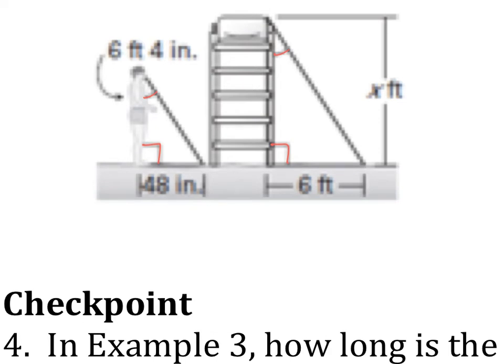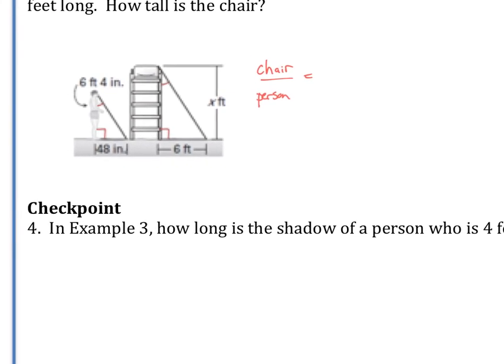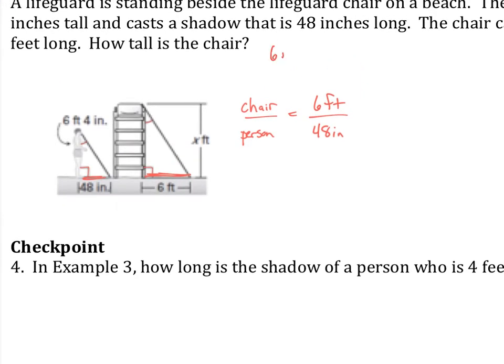We're going to set up a proportion, right? And we're going to do chair over person. Okay, so what we do know is that the shadow of the chair is 6 feet, and we know that the shadow of the person is 48 inches. Okay, and actually I'm going to write this in inches. 6 feet is equal to 72 inches.